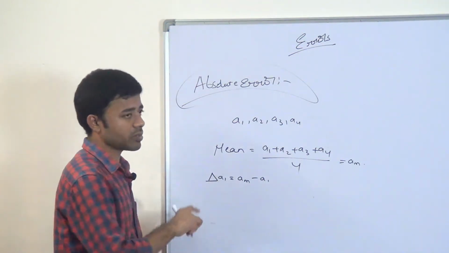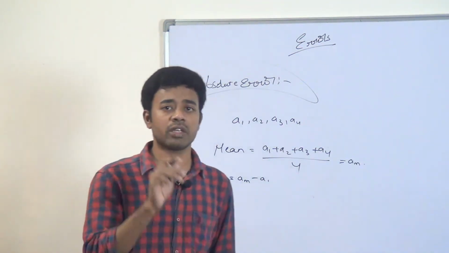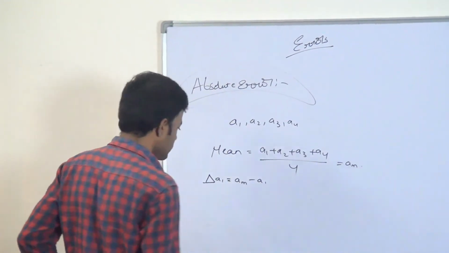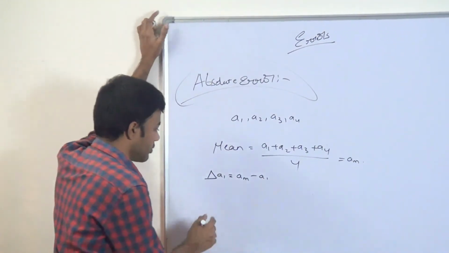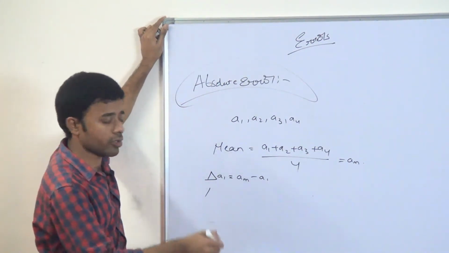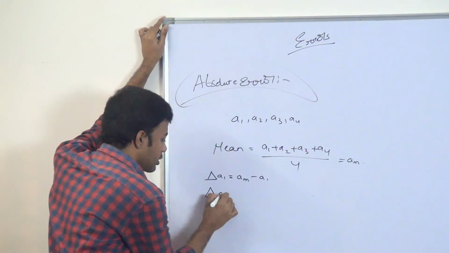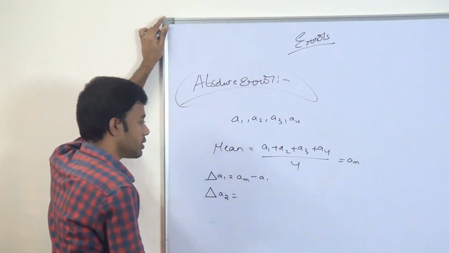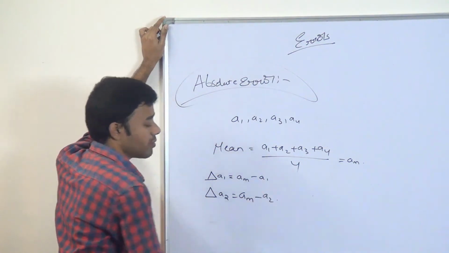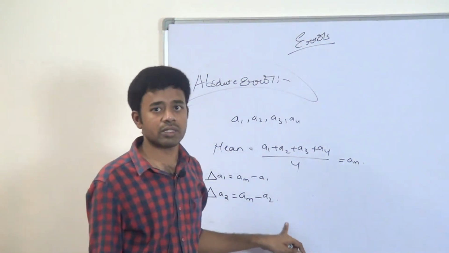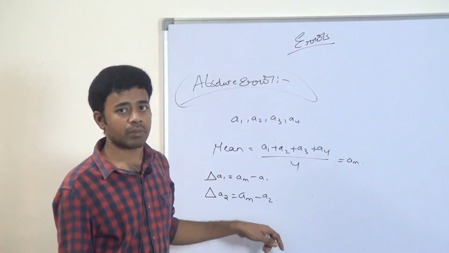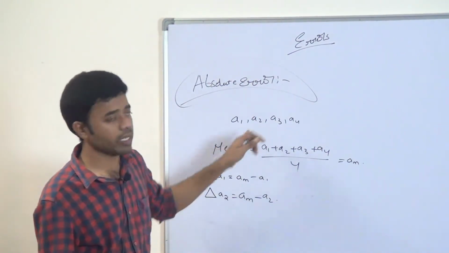So the difference between the mean value and the actual value gives the absolute error of that particular value. If you want the absolute error of A2, then delta A2 is equal to the difference between the mean value and A2.